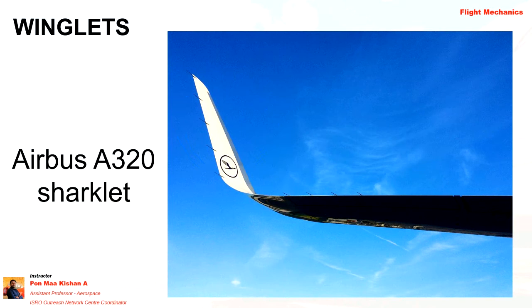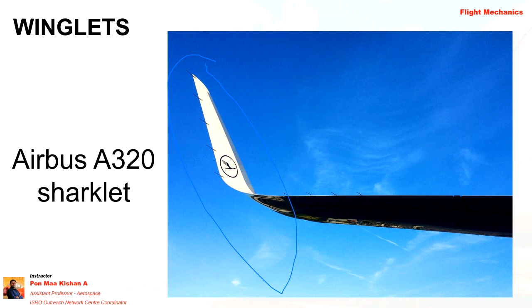Our winglet is going to start from the tip of the wing. Kindly understand my words: the root of the winglet will always be fixed to the tip of the wing, right?